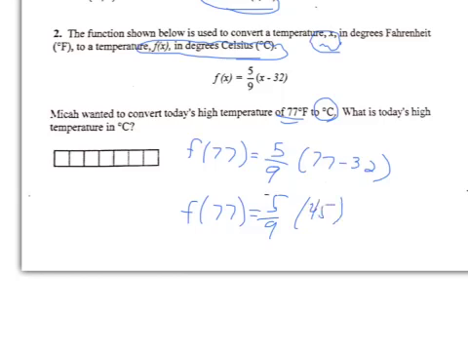And we can calculate this by canceling 9: 45 goes 5 times, and so we get 5 times 5, which is 25 degrees Celsius.